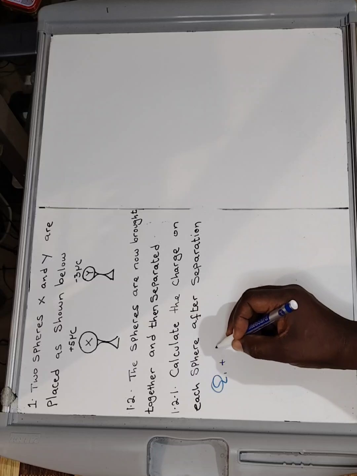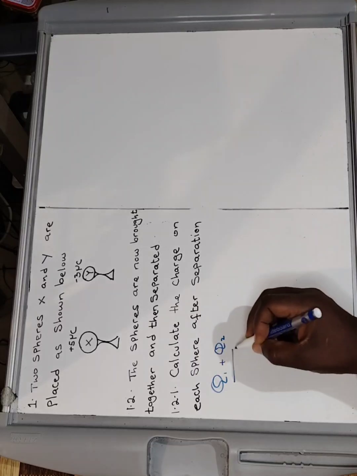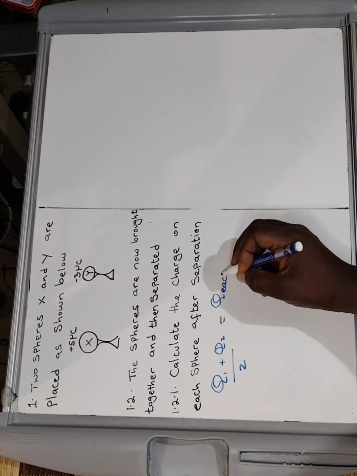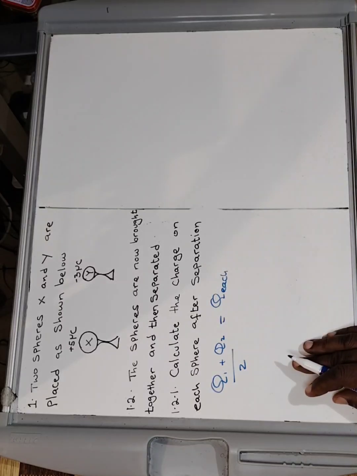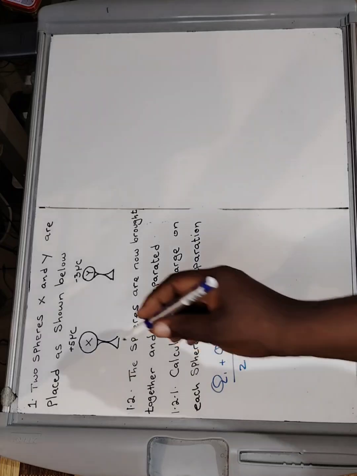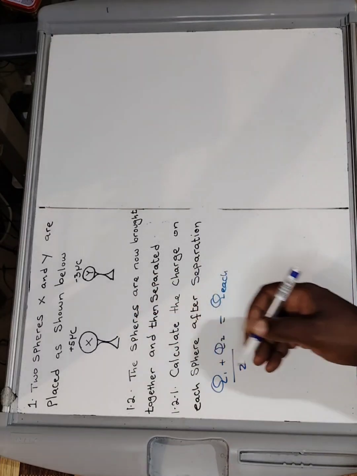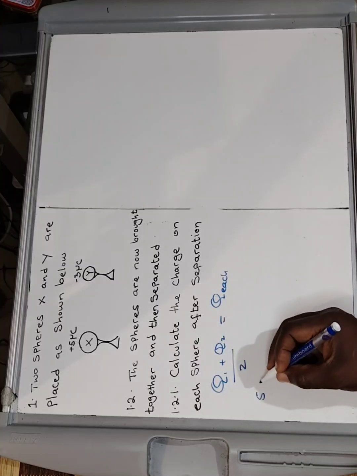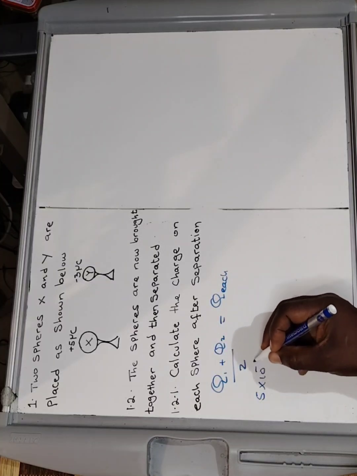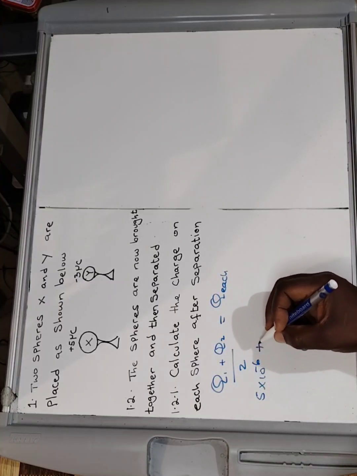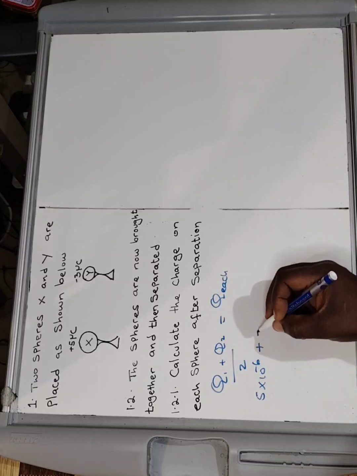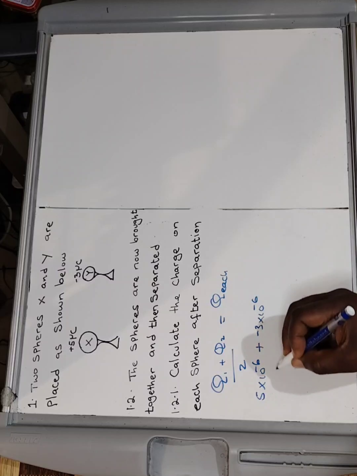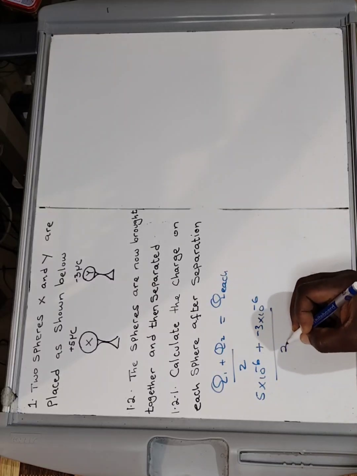We can put it simply as Q1 plus Q2 over 2 is equal to Q on each. So what is Q1? It is going to be the charge on X, which is going to be 5, in SI units, times 10 power minus 6 coulombs, plus minus 3 times 10 power minus 6, over 2.